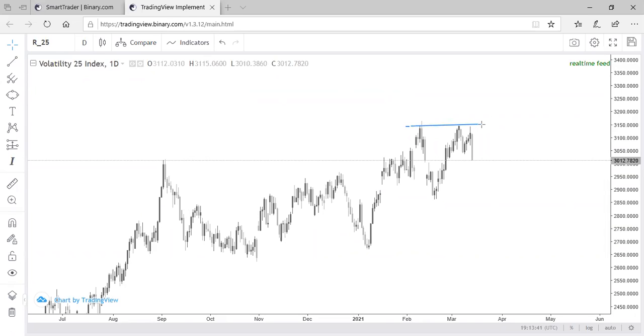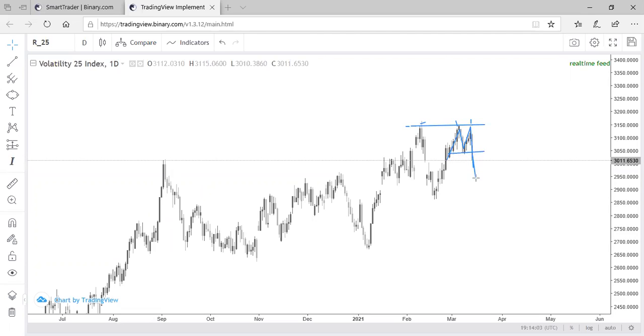Looking at this, price has hit here three times. That's one, two here, and three here. So even here, we have a double top.